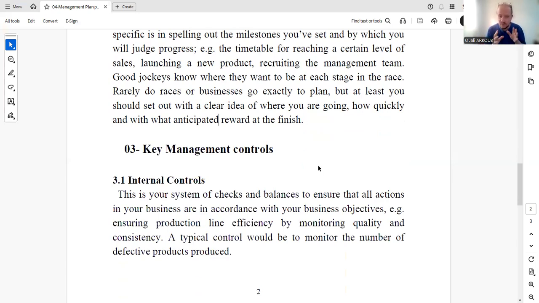Example: ensuring production line efficiency by monitoring quality and consistency. A typical control would be to monitor the number of defective products produced. It is the first key.